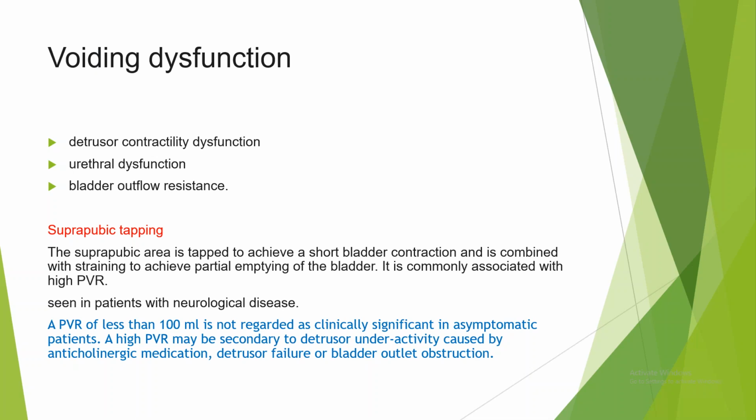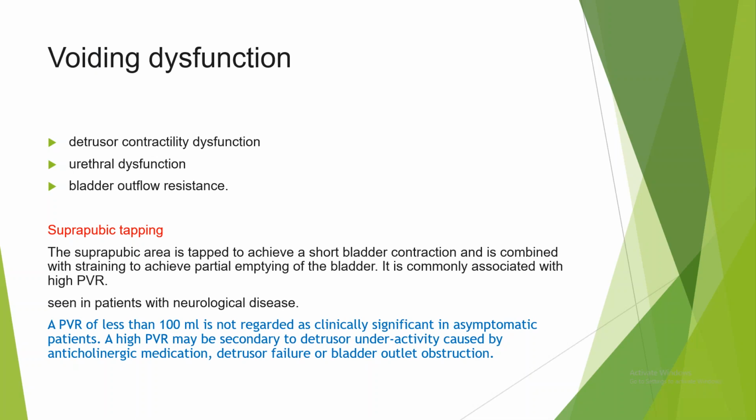So, what is the significant PVR? There is no consensus regarding what the significant PVR is. Some books say it should be less than 100. Some say less than 20. Some say less than 50. So there is no consensus on exactly how much the PVR should be. High PVR may be due to detrusor hypocontractility.